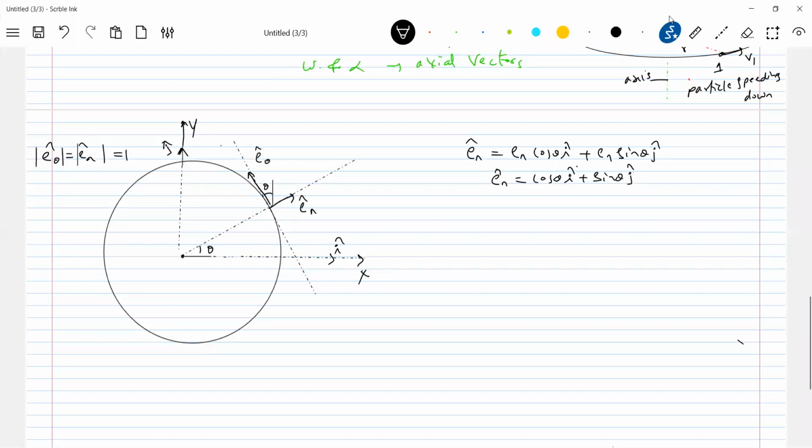I'll differentiate this. Let me differentiate here: dEn cap by dt. So the derivative of cos theta is minus sin theta d theta, i cap, plus cos theta d theta by dt j cap.